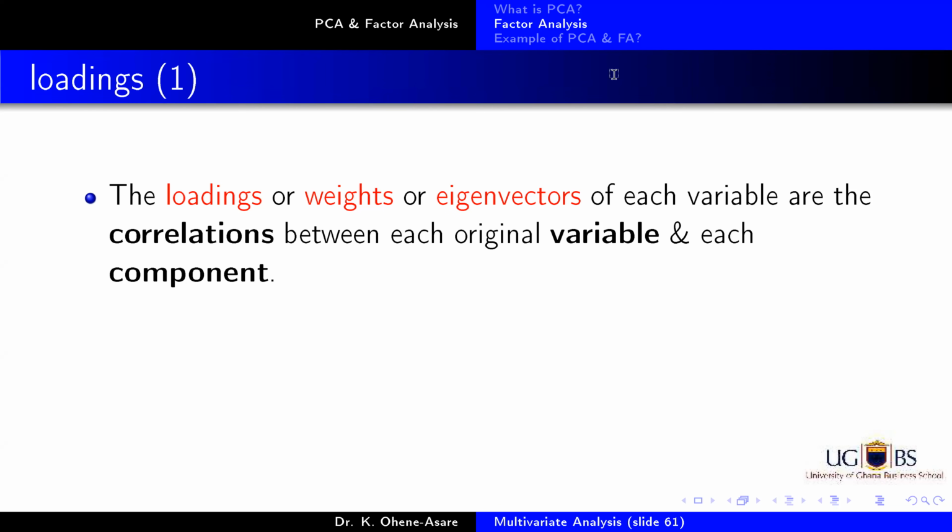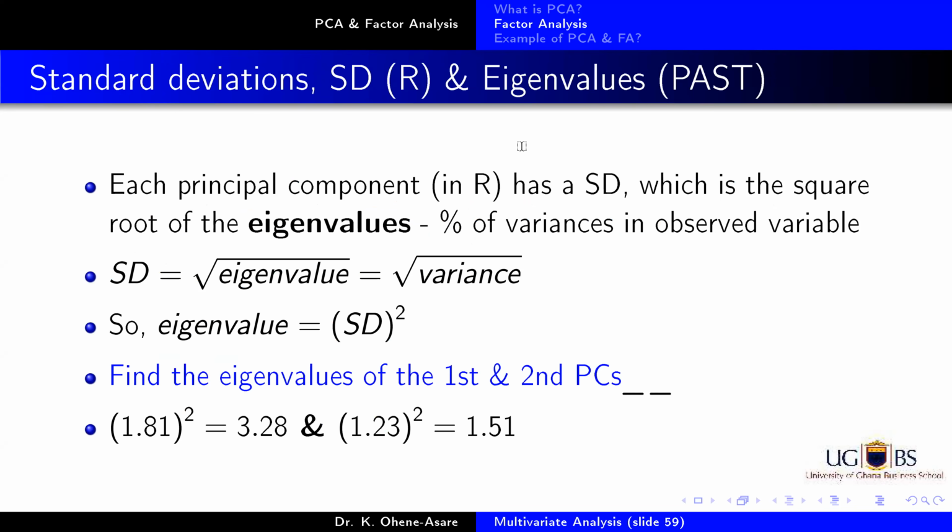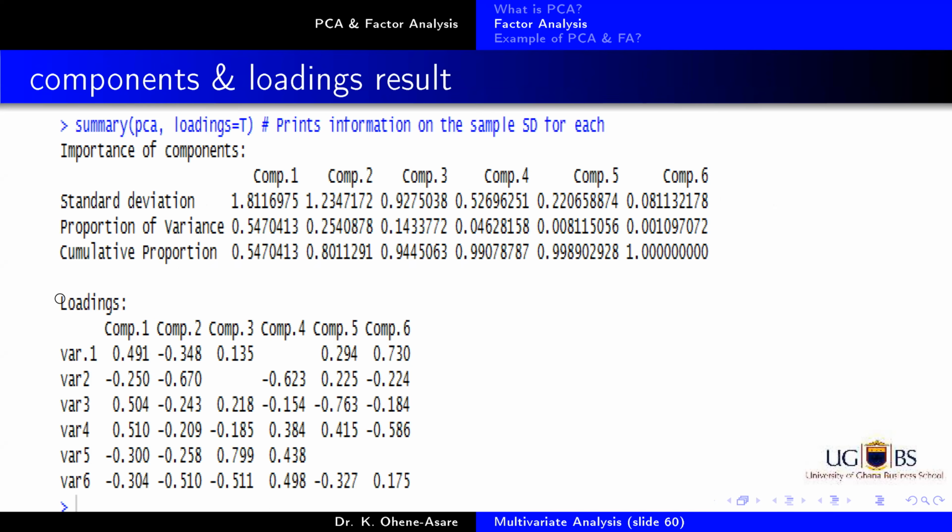And that is the part of the table that you saw, the down part of this table, the loadings. So if you look at the loading, it is exhibiting the intercorrelation between each original variable and each principal component. Now, ladies and gentlemen, this is very critical because this is where people make a mistake. When you are writing an equation of a principal component, you have to use the exact word as it is in the R result.